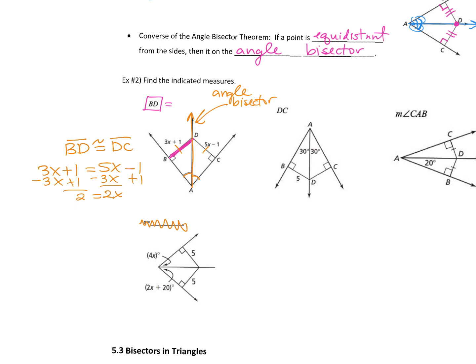So if 2x equals 2, then x is 1. So we get x equals 1 for this problem. What is BD? It's 4, yeah. Plug it in. 3 times 1 plus 1 is 4. So BD has a length of 4.